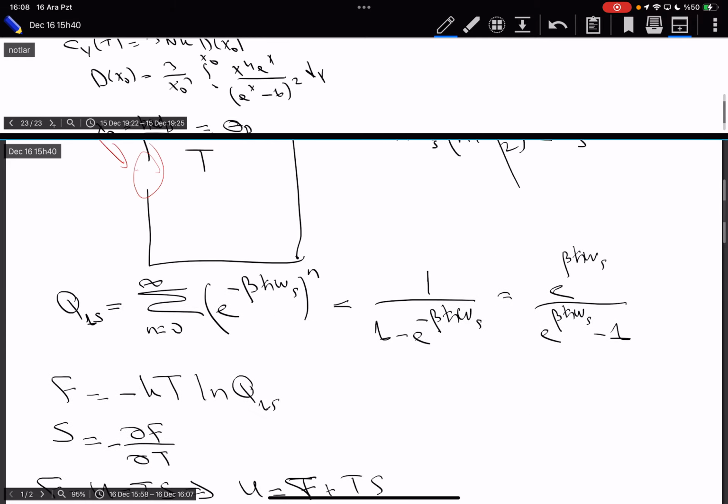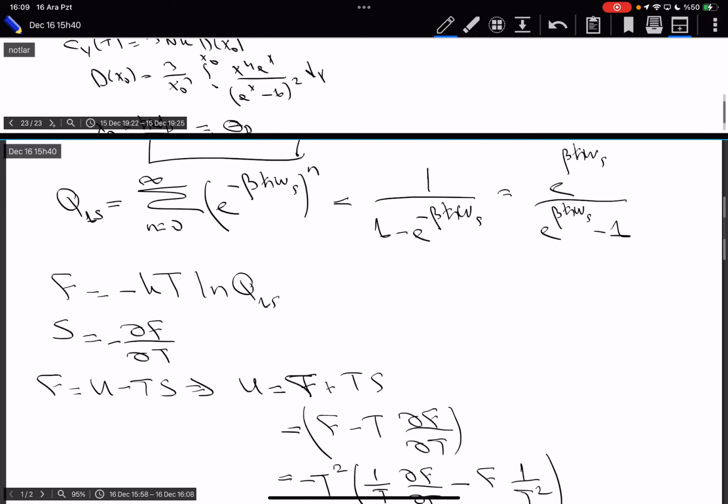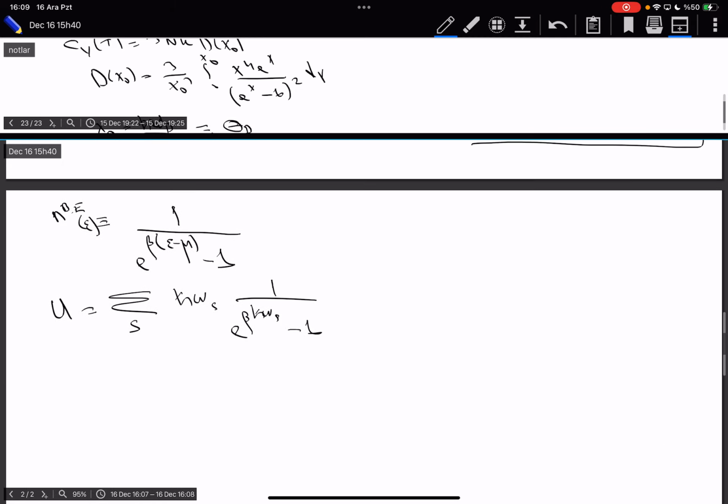We assume that it's not a photon gas, but a collection of electromagnetic waves of frequency omega. Then we just quantize the system, and this is the energy of the whole electromagnetic field.